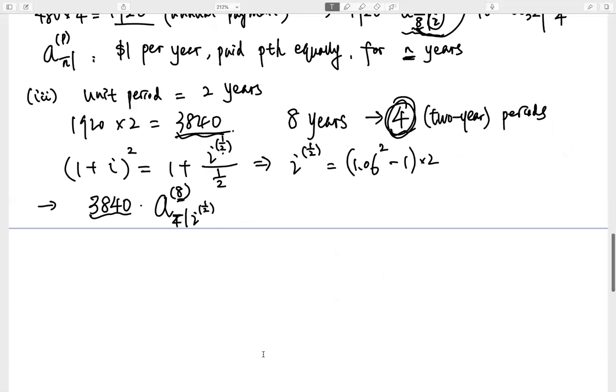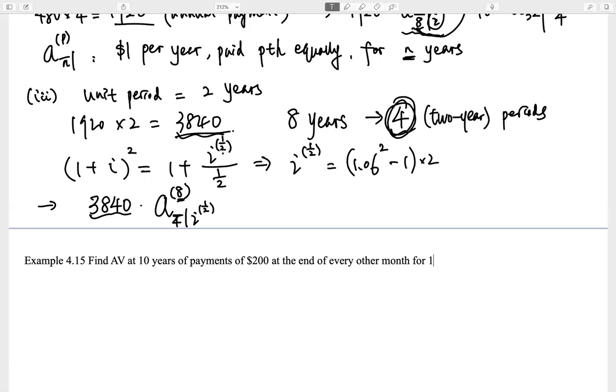or the accumulated value. So let me give you the example, 4.15. We want to find the accumulated value at 10 years of payments of 200 at the end of every other month for 10 years.